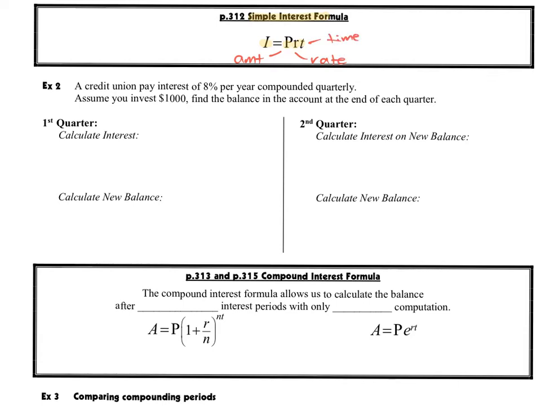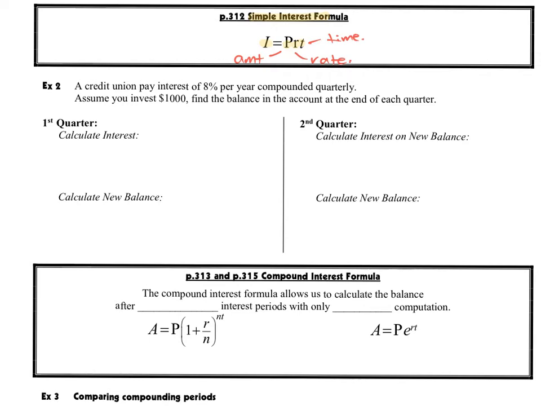Now, it is always important that the rate and the time match. So for example, if the rate is an annual rate, then the time needs to be in also an annual amount or an amount of years. So simple interest allows us to just calculate interest for a single period of time, and it just gives us an interest amount. So let's look at that example, and then we'll contrast it with compound interest at the bottom.